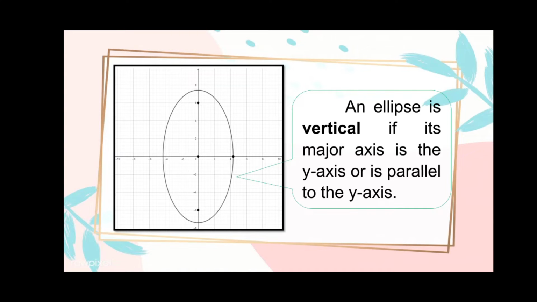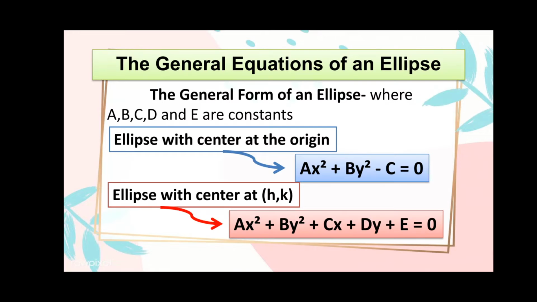Similar to other conic sections, an ellipse has its own general and standard form. Let us now discuss the following forms. So we have the general and standard equations of an ellipse. First is the general form of an ellipse where A, B, C, D, and E are constants.